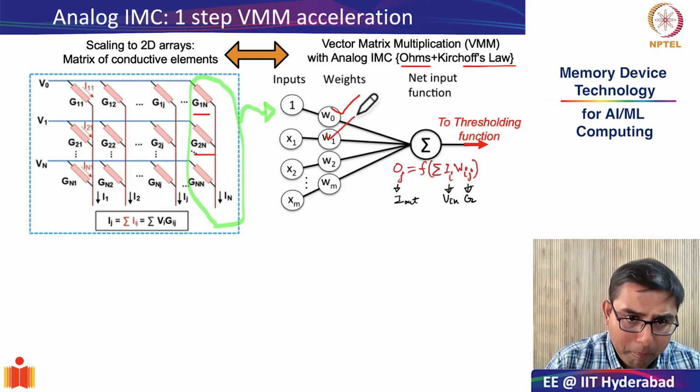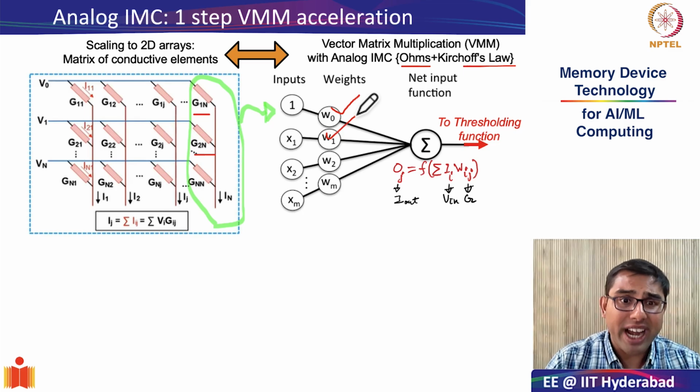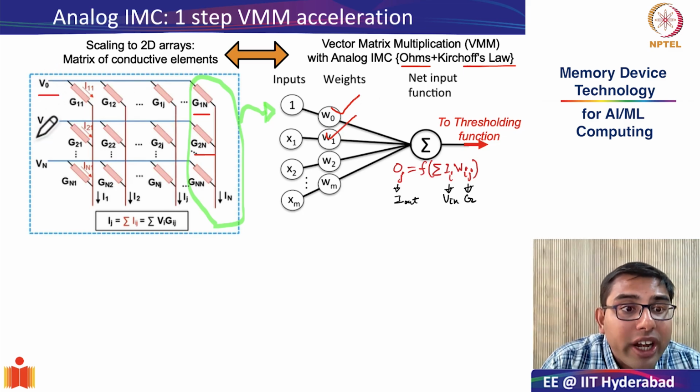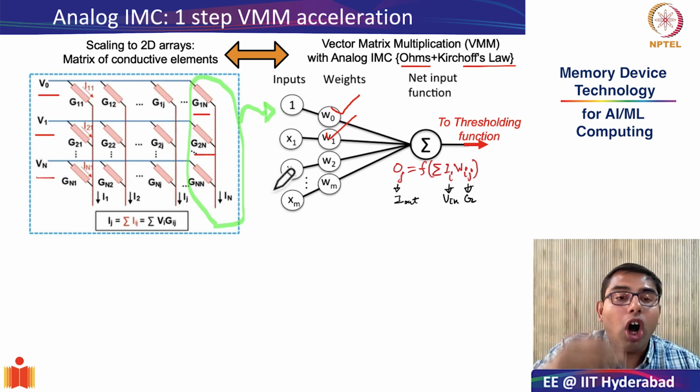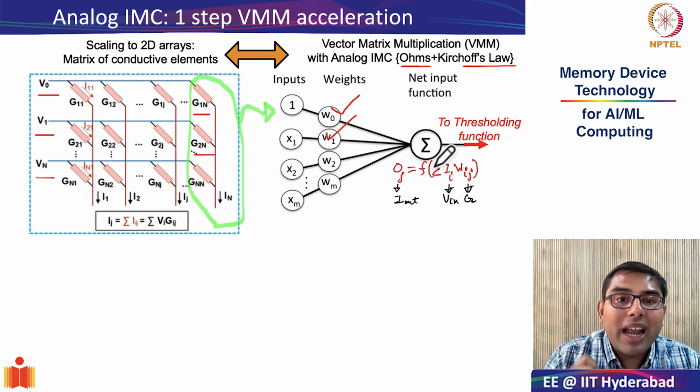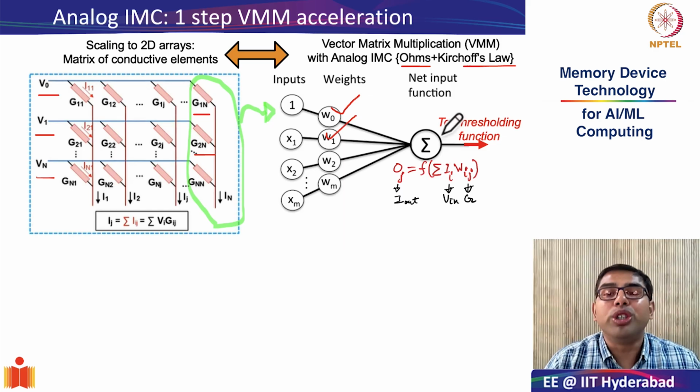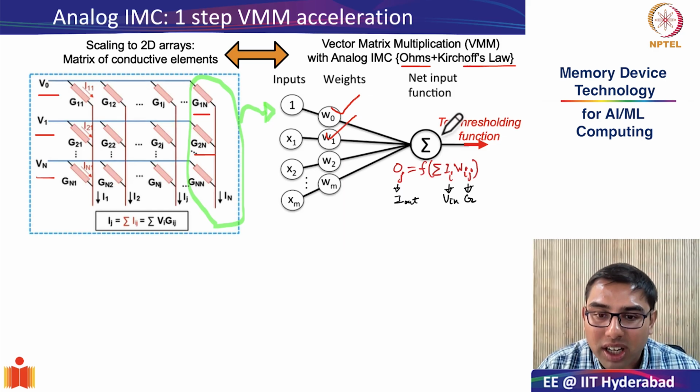They are a proxy for the synaptic weights which are getting multiplied by the corresponding inputs V0, V1 and Vn. So the part that I have marked out, or one column of this 2D array matrix, will give you the multiply and accumulate operation for one of the nodes of a neural network.